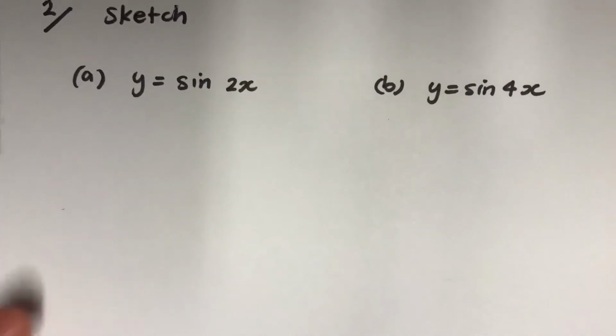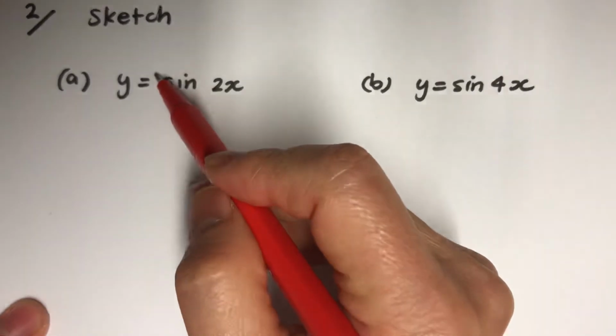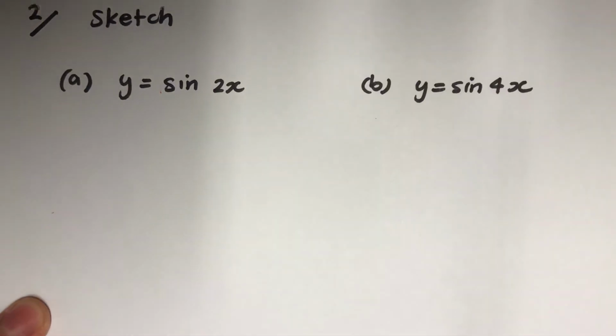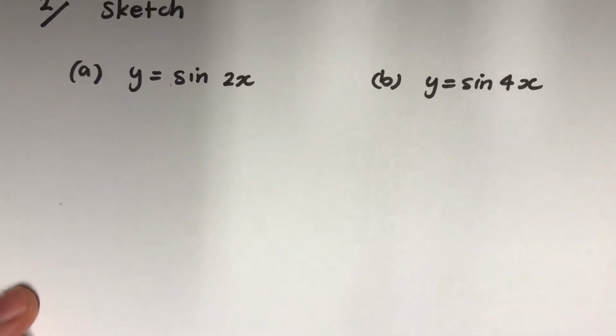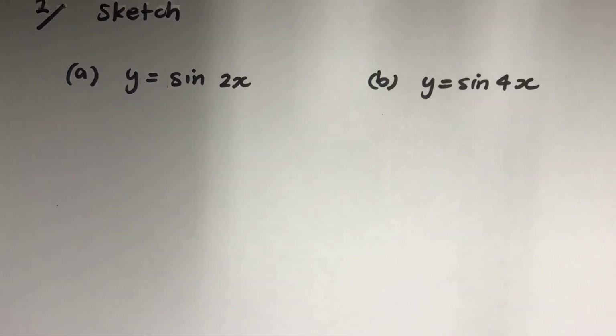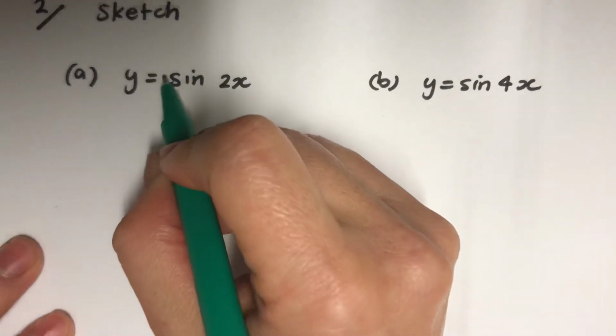Now what happens if it's still 1 here, 1 here, but there's 2x? What does that mean? It's going to have something to do with the period. Okay, so our amplitude is 1.